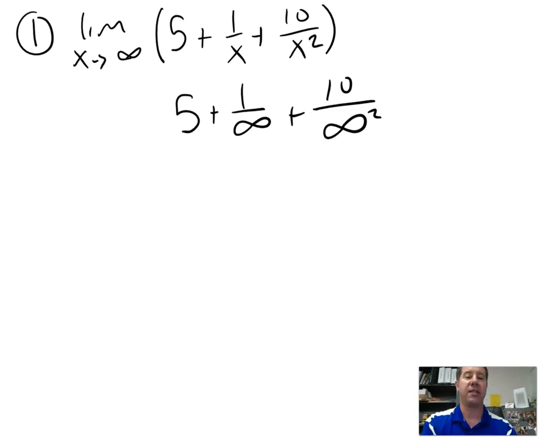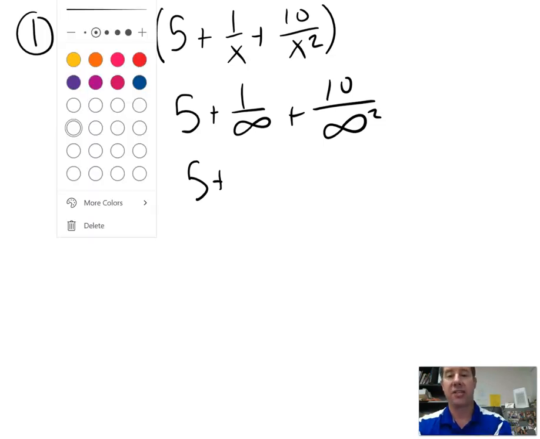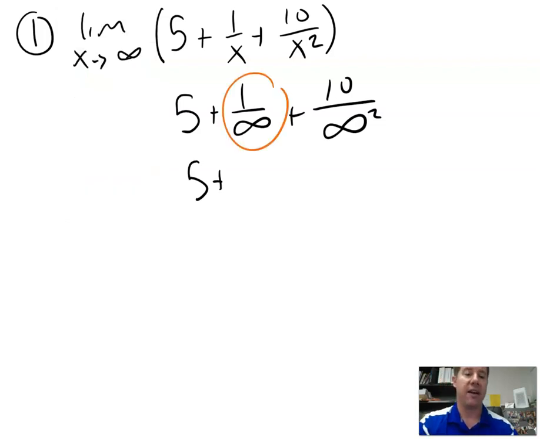If I have 5 plus 1 over infinity plus 10 over infinity squared, if I take 1 divided by a very, very big number, the bigger the number I divide by, the smaller this fraction is going to get. If I divide 1, or really any constant, by a really big number, the smaller that's going to get. So as I divide by infinity, this is going to go to 0.